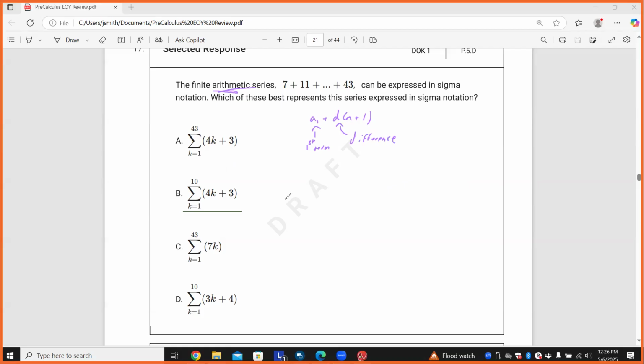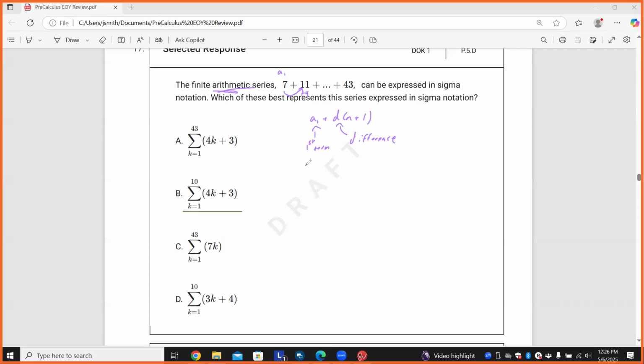So when trying to build out the equation here, the first number you see is the 4. Since you're told it's arithmetic, that means it goes up by 4 every single time.